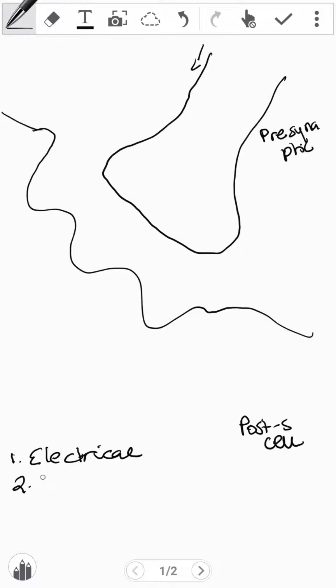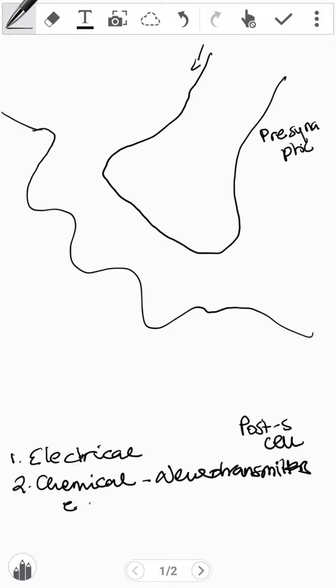And we also have the chemical transmission. This chemical transmission involves what we call neurotransmitters. So these are chemicals that are used to transmit the impulse from the presynaptic cell to the postsynaptic cell. An example of this is the neuromuscular junction, which we're looking at today.